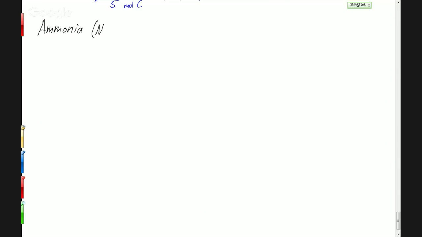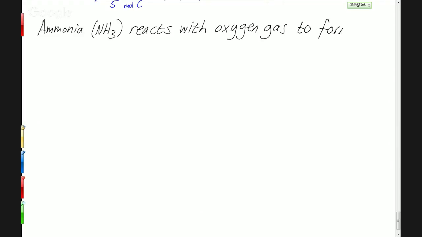Ammonia, which is NH3, reacts with oxygen gas to form nitrogen gas and water.